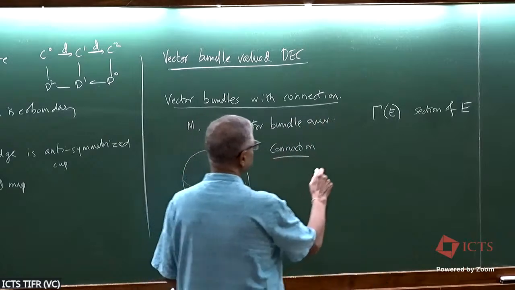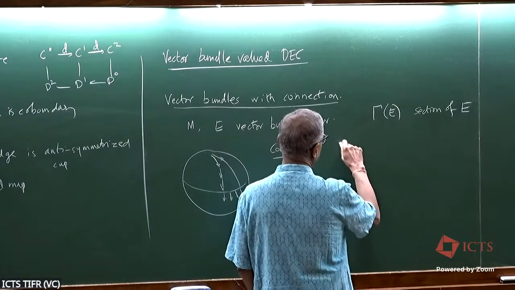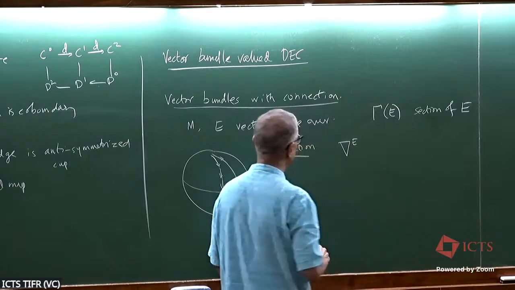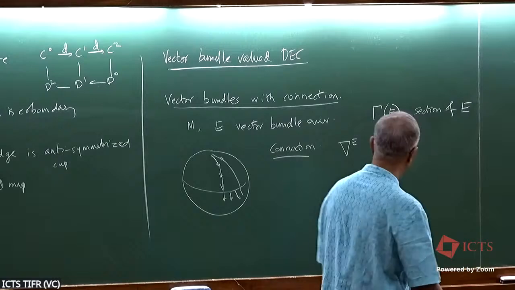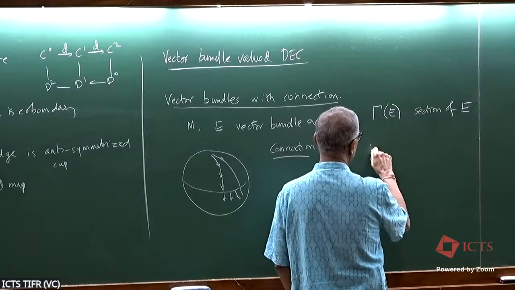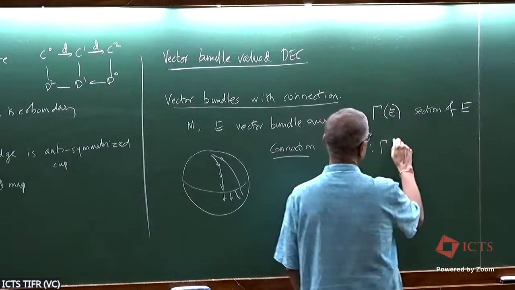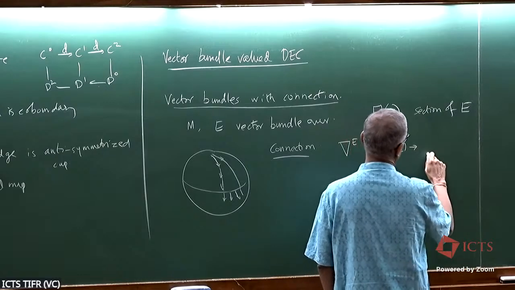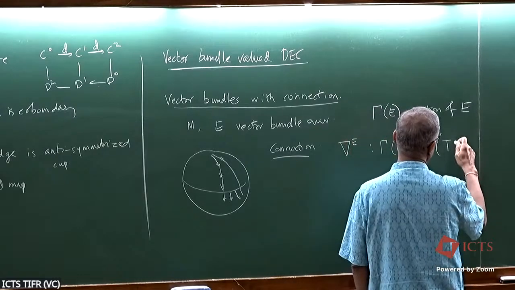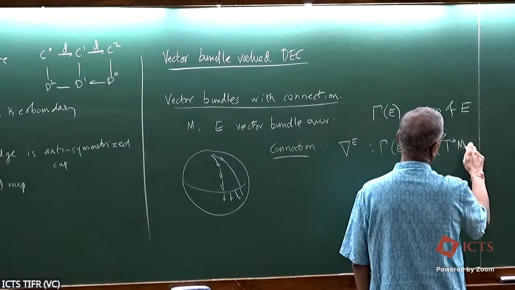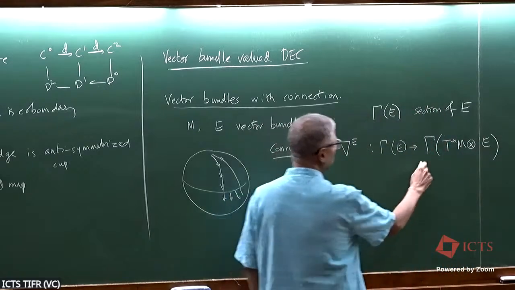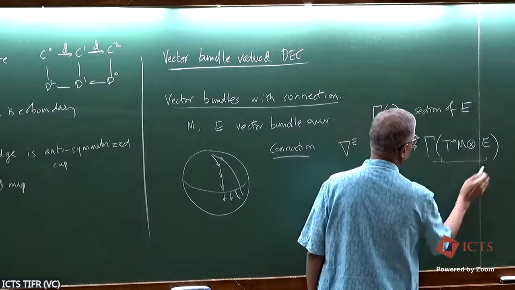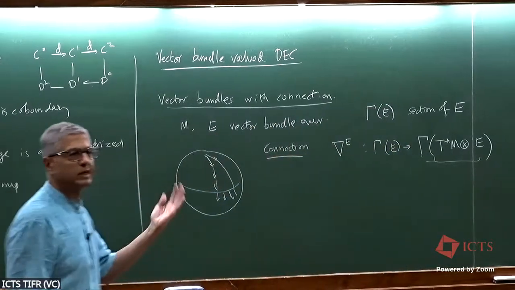So a connection is a map. The connection is just given to you as a structure. And this connection is a map which maps sections of E to sections of T star M tensor E. I'll explain what this notation means in a second. But again, we have a very simplistic view of that.